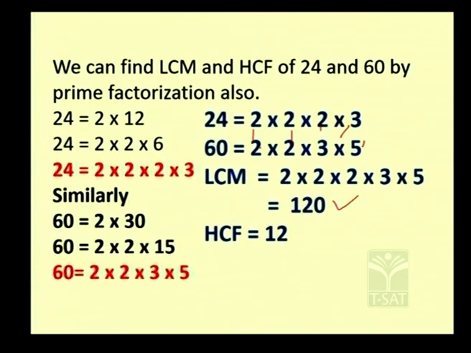The HCF is taken only once, where we take the common ones: 3, 2, 2. So, that is 12. This is the method for finding the LCM and HCF of given numbers by using prime factorization, which we are going to learn in our next classes.